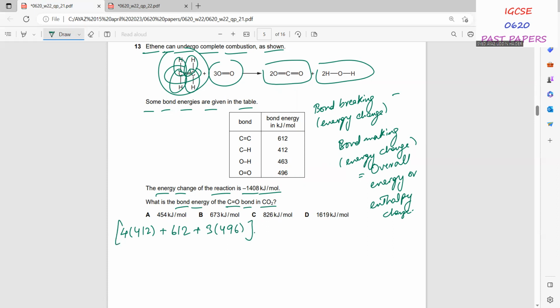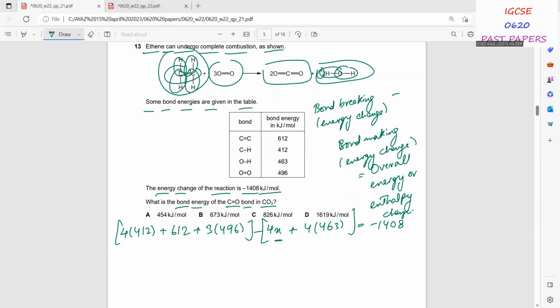Put all this under the bracket minus the product. On the product side, we have 2CO2. If I consider X as C double bond O, then we will have 4X. Plus, there are 2H2O, which means 4 O-H bonds, 1, 2, 3, 4. So we will multiply 4 by 463. And let's solve this. Is equal to minus 1408. Now let's find the value of X here.